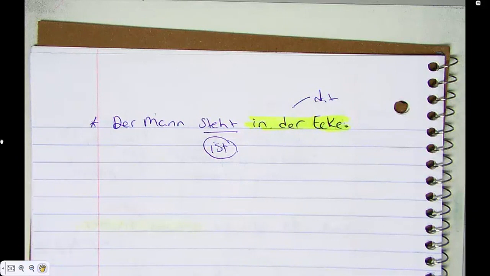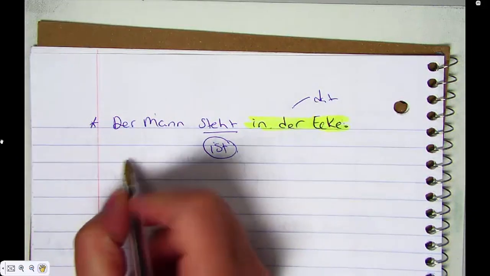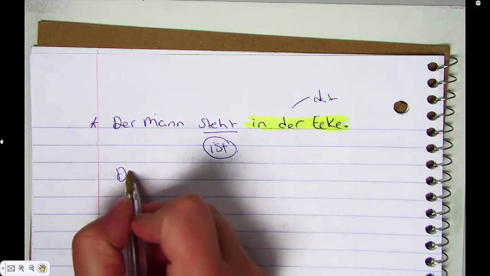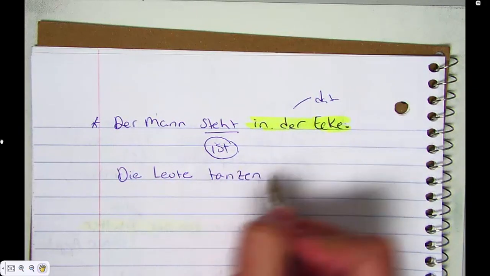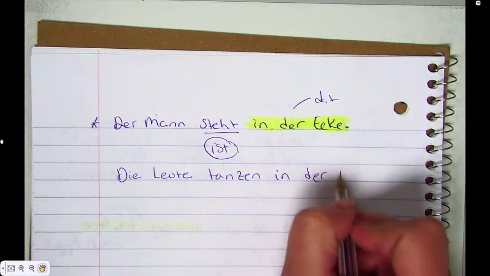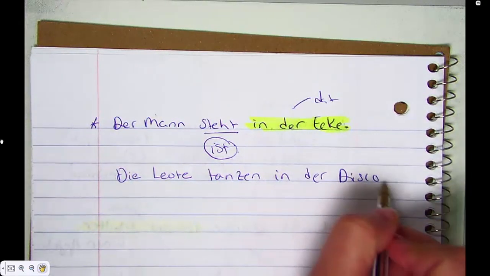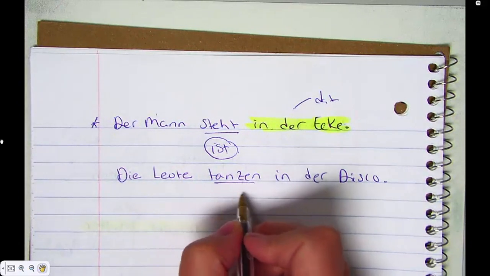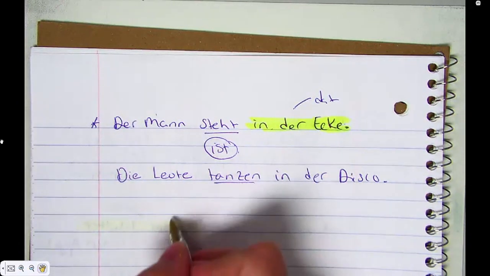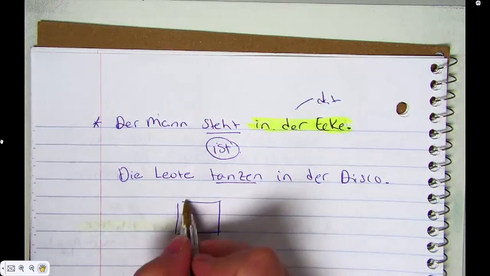Another thing I could do, however, and this is going to be a little confusing: die Leute tanzen in der Disco. So the people are dancing in the disco. Now, of course, you are thinking dancing is motion, right? But here's the disco.